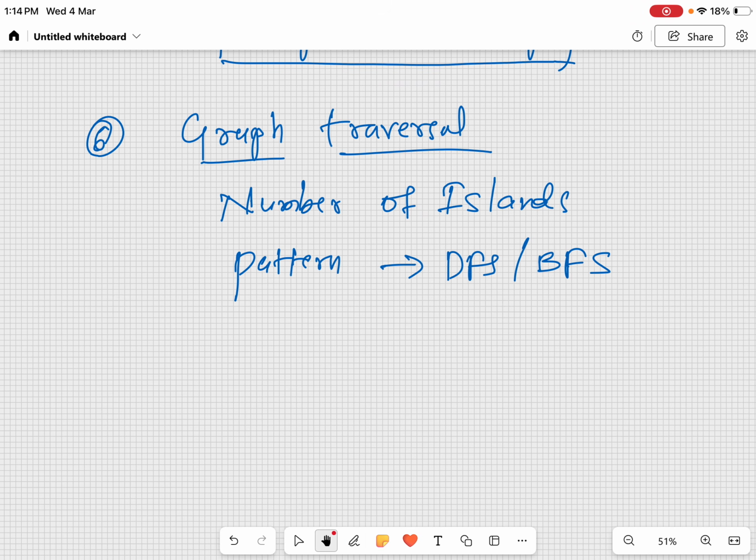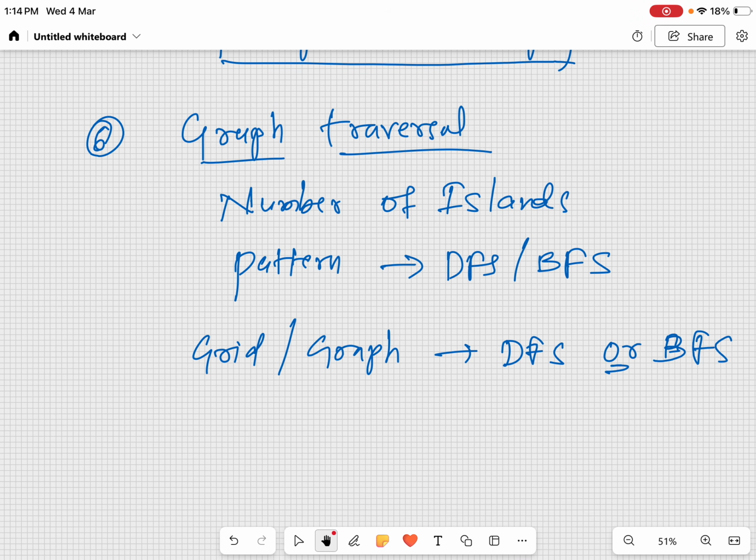In grid or graph problems we usually require DFS or BFS traversal. So we explore connected components and mark visited cells to avoid repeating work. So whenever there is a grid or graph problem, just remember that grid or graph is equal to DFS or BFS. Correct.